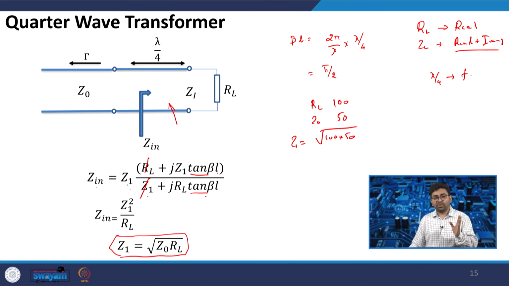But in most circuits we have a real load, and for such a circuit it is easy to design this kind of impedance matching. We will discuss more about the transmission line and its effect in the next class. Thank you.